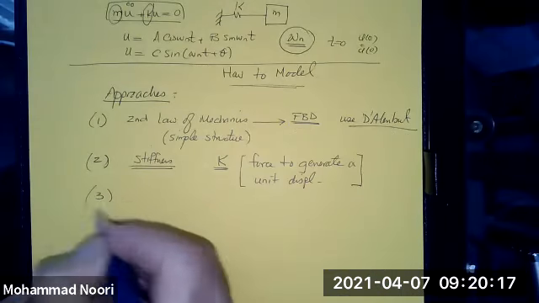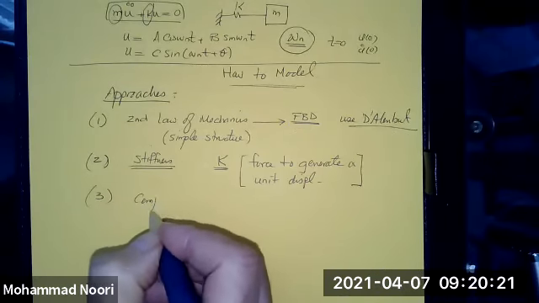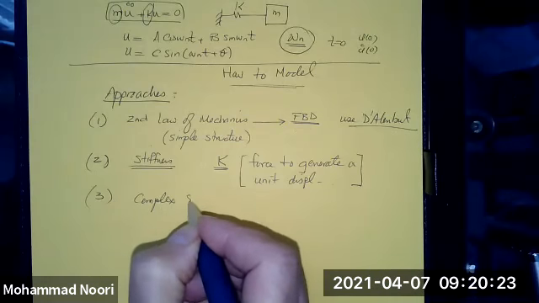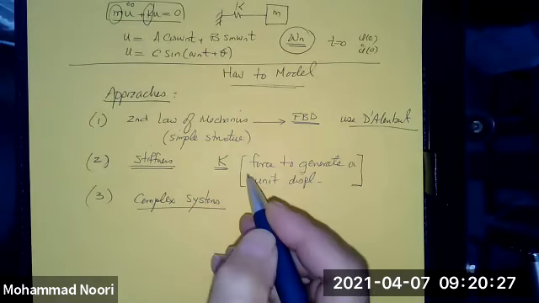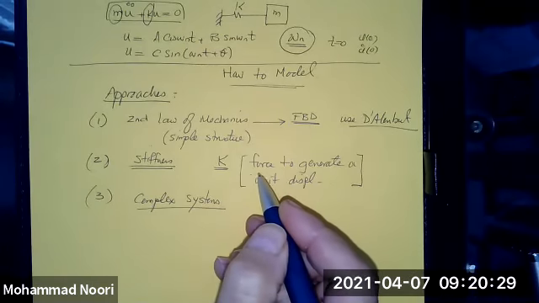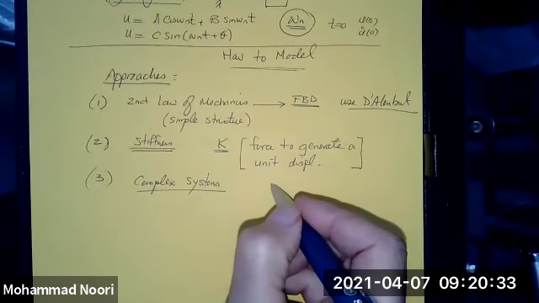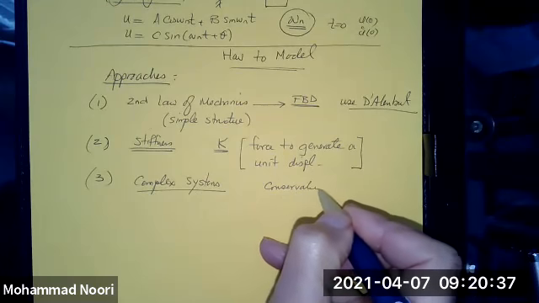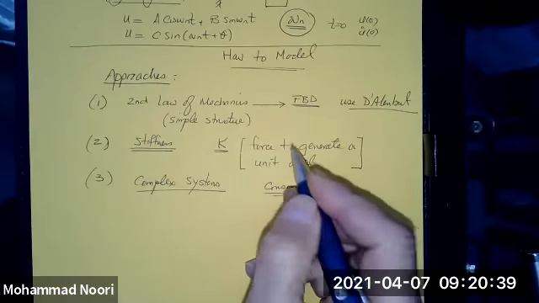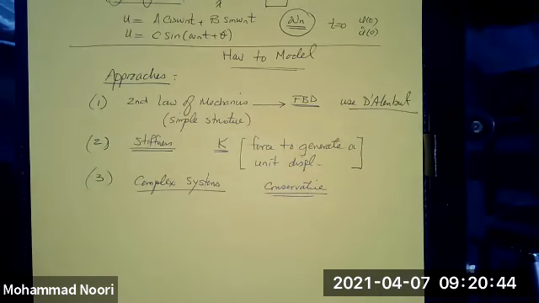The third approach is for more complex cases. I call them complex systems, where you can still use these two approaches, but it may be very, very difficult to do that. It is used if the structure is conservative, that is, we do not have damping or energy dissipation in the system. What is a conservative system?